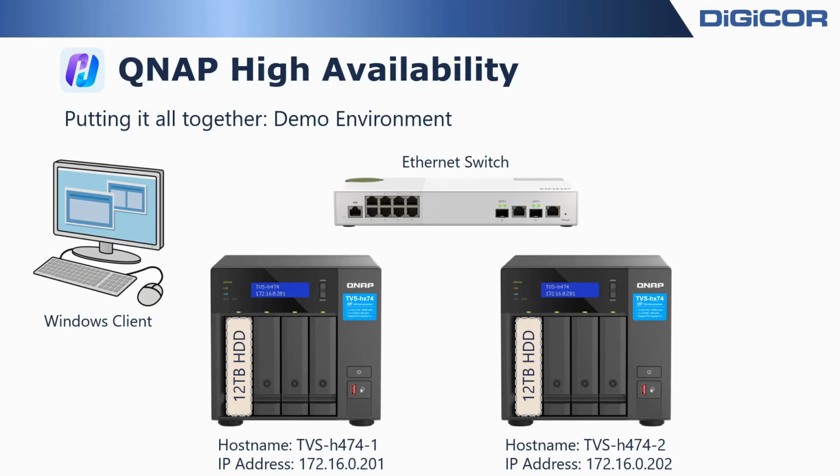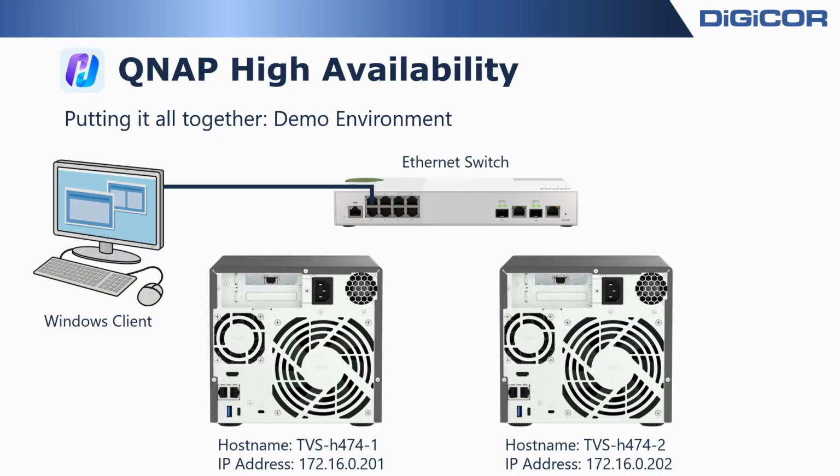Let's take a look at how the networking is configured. So if we take a look at the back of these NASs, we can see that we have two onboard network ports, and in our example, we do have a 10 gigabit Ethernet card installed in one of the PCI Express expansion slots.